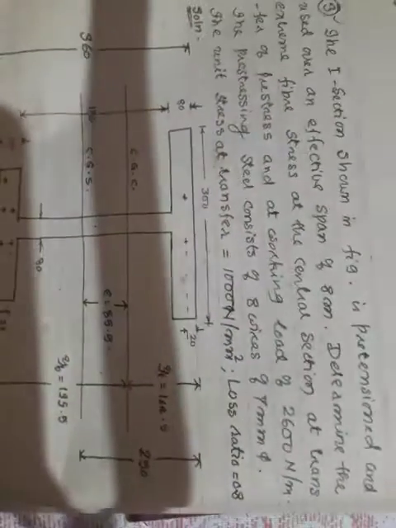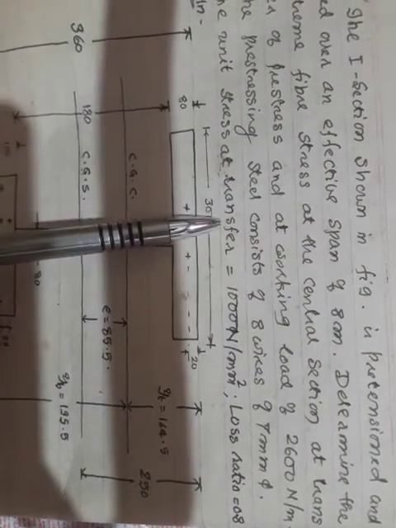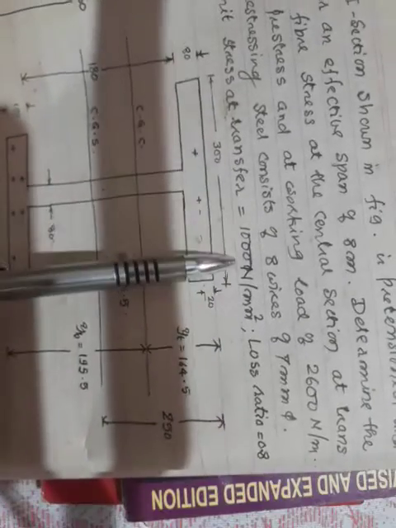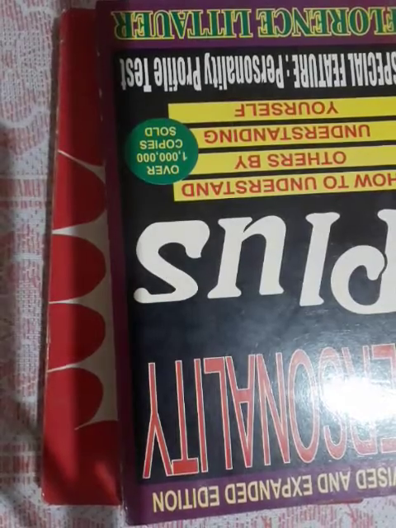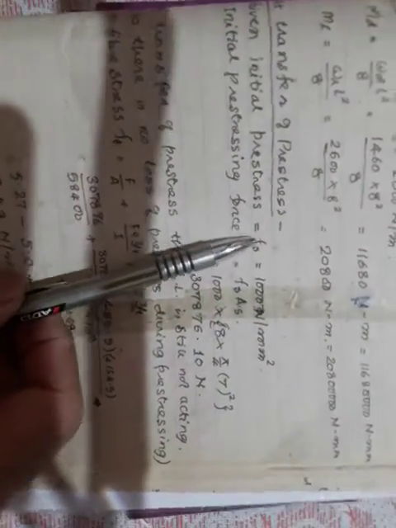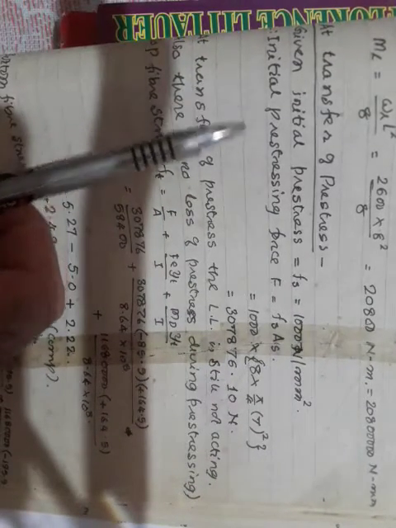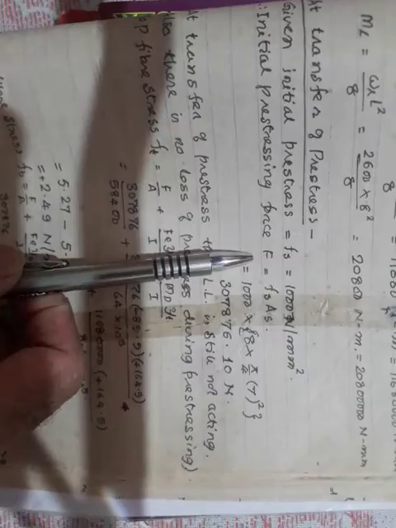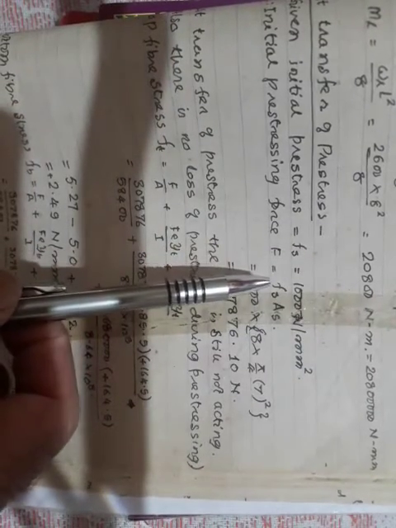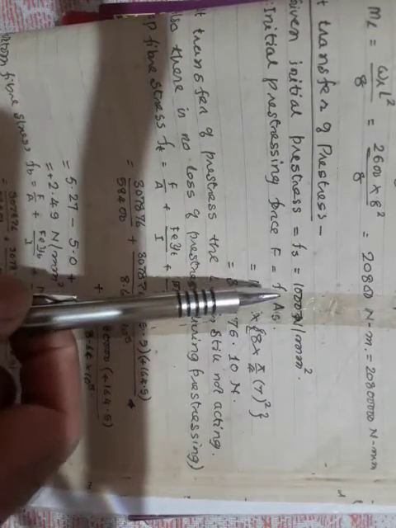He says that the initial pre-stress Fs is equal to 1000 Newton per mm square. Here he has given in the problem, the unit stress at transfer is 1000 Newton per mm square. So he has given Fs, the pre-stress. Now I want the initial pre-stressing force F. Force can be given by stress into area.